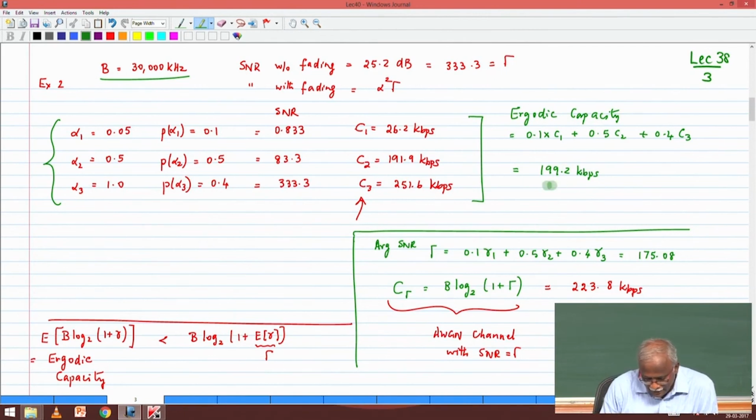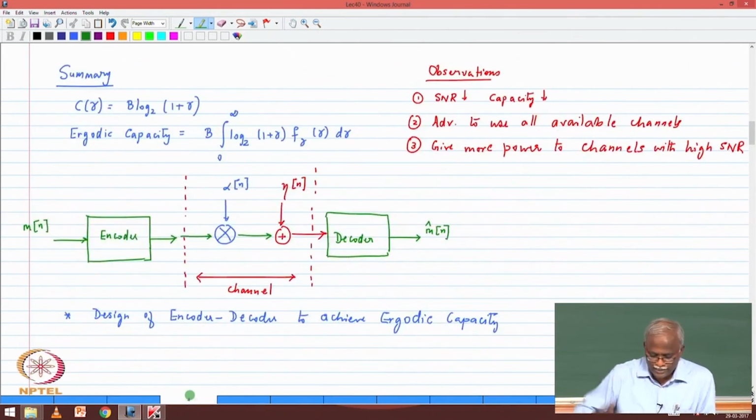Notice that this capacity is for this specific scenario in terms of SNRs and the probabilities of the different SNRs. And using the Jensen inequality, we showed that the ergodic capacity will always be upper bounded by the corresponding AWGN capacity.